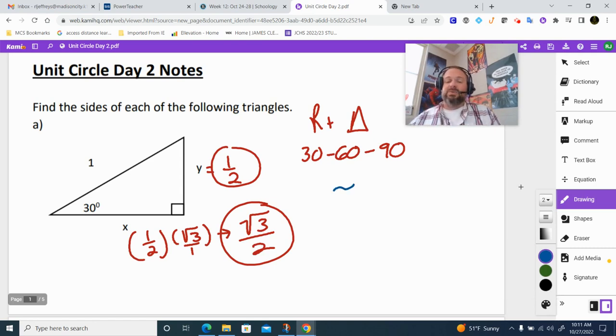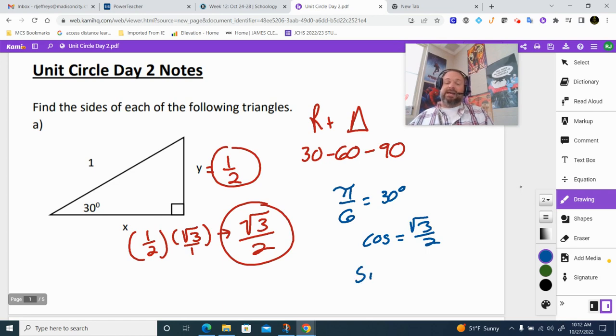This was our pi over 6, which is 30 degrees, which had a cosine of root 3 over 2 and a sine of 1/2. That's what we were doing on that chart.